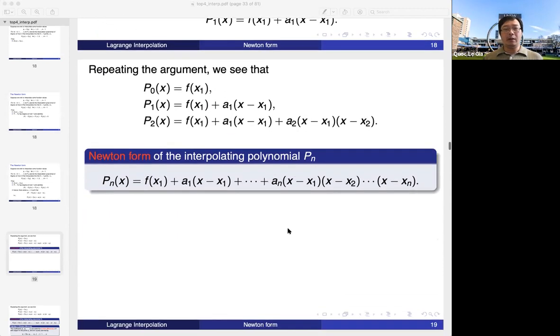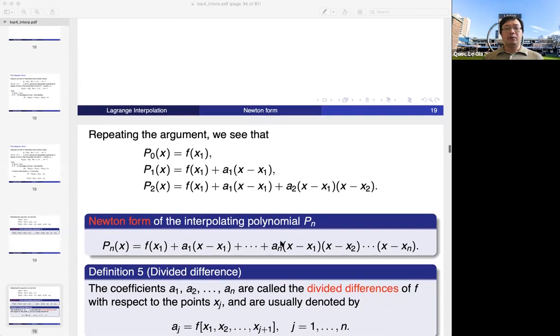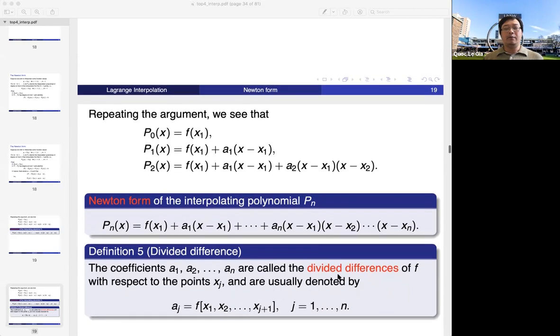Before we find a2, we say that aj we call a divided difference. So the divided difference with respect to the point xj is denoted by f and open bracket, with a sequence of points from x1 to xj plus 1.